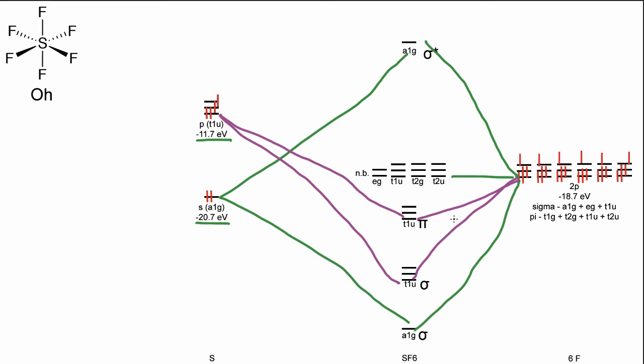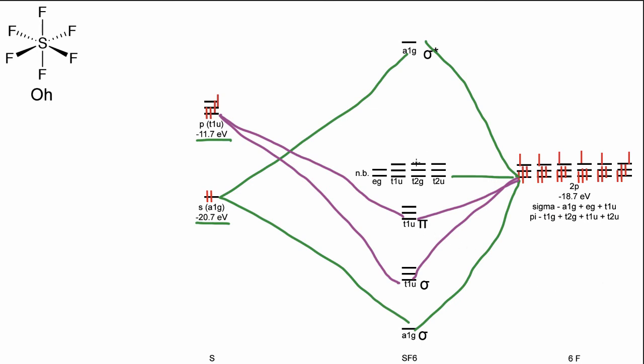To get that, you would have to have a lot of spectroscopic information. You would probably also need to do very computationally heavy work to determine what exactly the energies are in each case. But based on what we're working with here, we can see that the sigma orbitals should have a very large split. Those should be much lower compared to the pi orbitals. The pi orbitals should be a little bit lower.